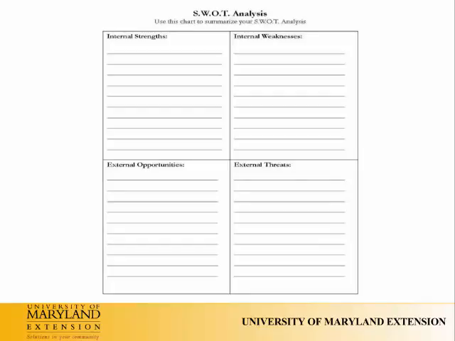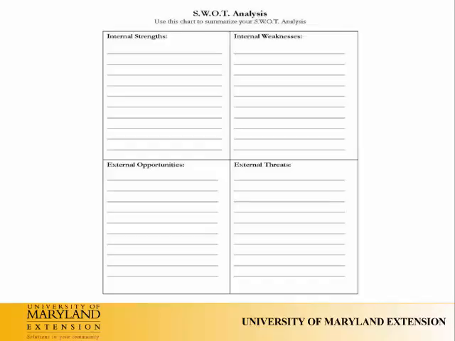And most often, they are divided out like this in four quadrants where you would complete and write those things in. And what we're looking at doing with this is identifying where the business could go. Looking at your strengths and your opportunities together, you can help develop that strategy.